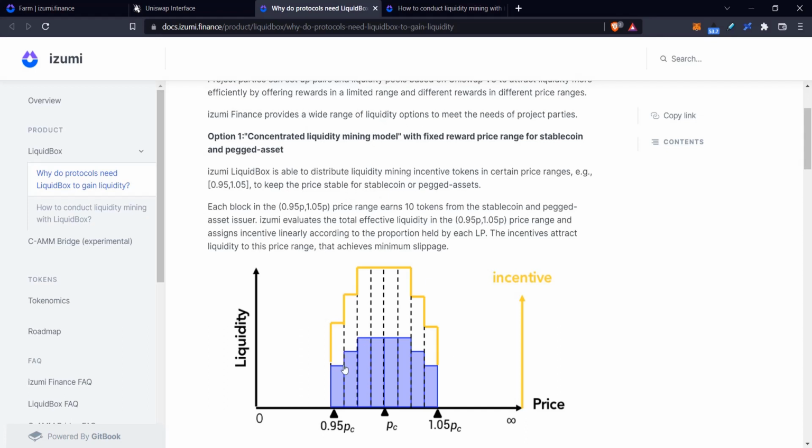If they're providing liquidity out here, that amount of US dollar value or quantity of tokens will not be added to the math that gets them some tokens. So it's basically incentivizing people to provide concentrated liquidity into a single pair, into a single range.